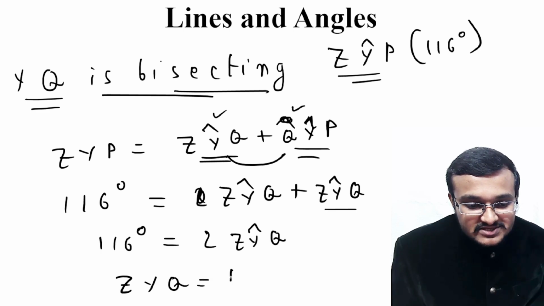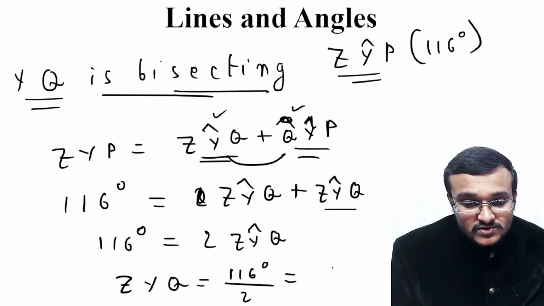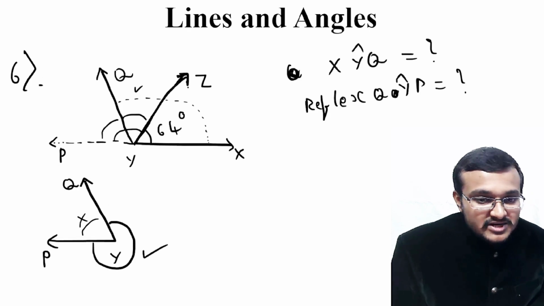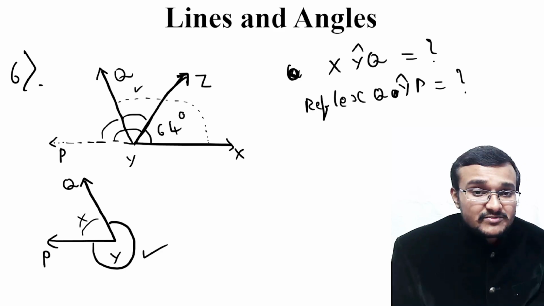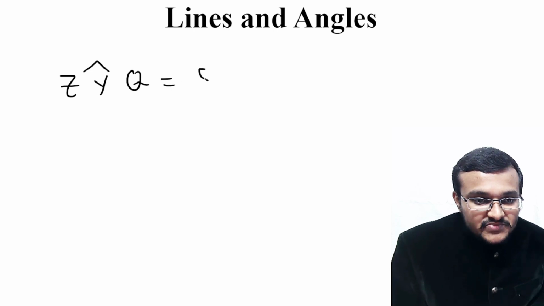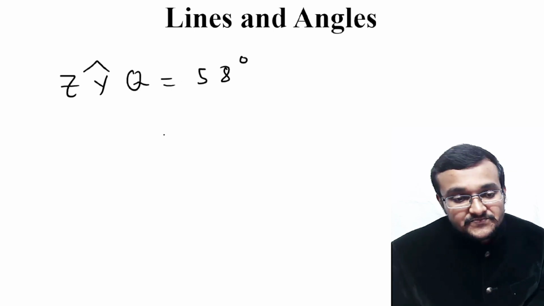Therefore ZYQ is equal to 116 degrees by 2, which is equal to 58 degrees. So ZYQ is 58 degrees, and QYP is also equal to 58 degrees.